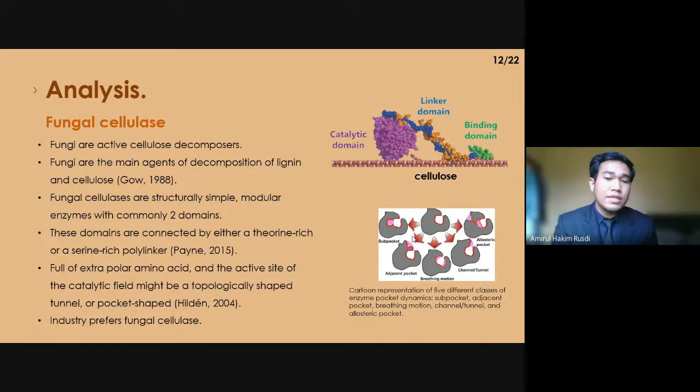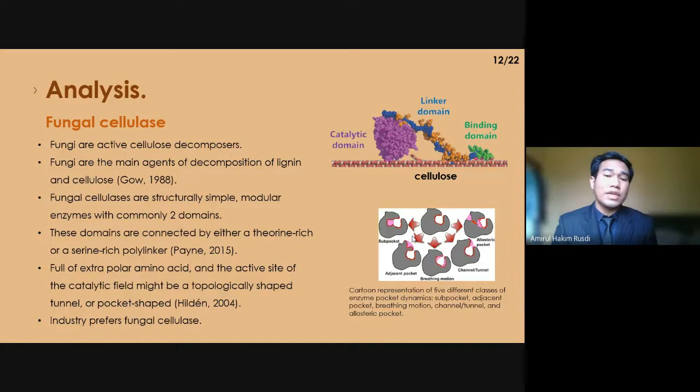Fungal cellulases are structurally simple, modular enzymes with two common domains, which are carbohydrate binding domains and catalytic domains. These two domains are connected by either a threonine-rich or a serine-rich polylinker, which varies in structure and length. The modules are full of extrapolar amino acids that can stop the substrate moving during the catalysis.